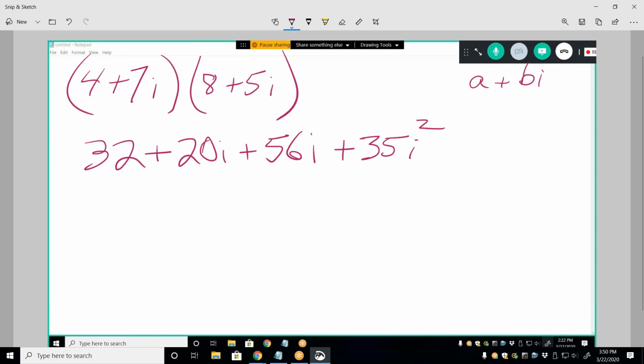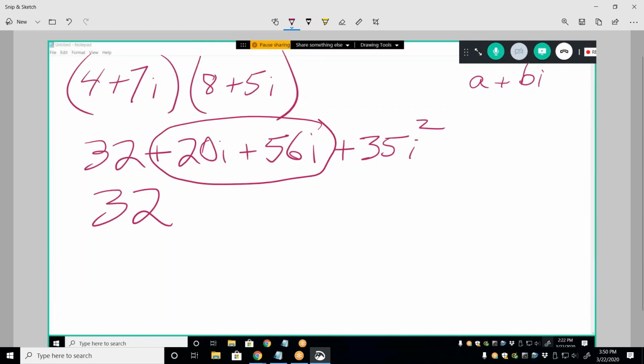So let's simplify this. Combine those two middle terms, which always combine. 20i plus 56i. It's 76i. Okay. And then convert this into a real number. What's i squared?